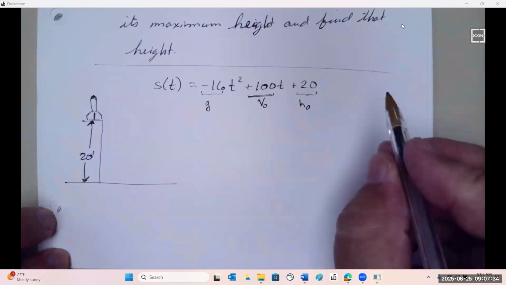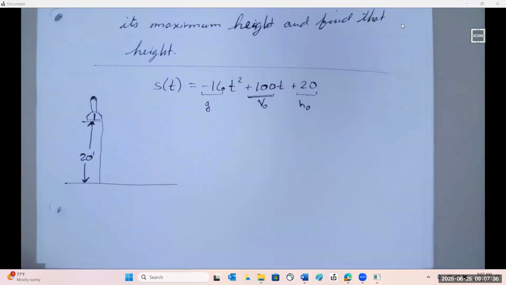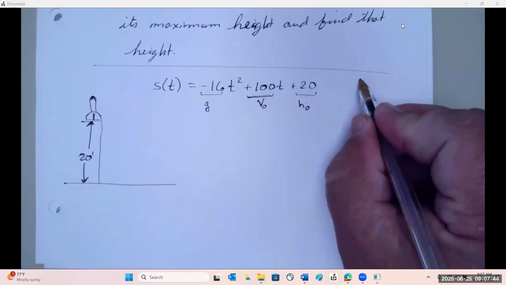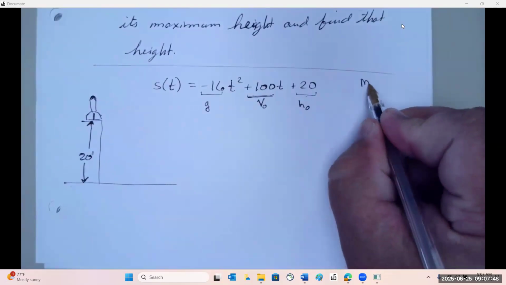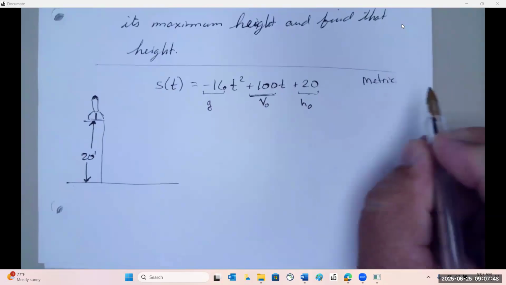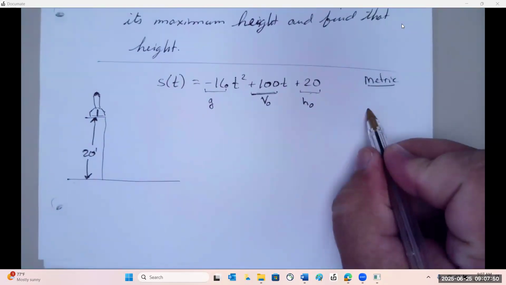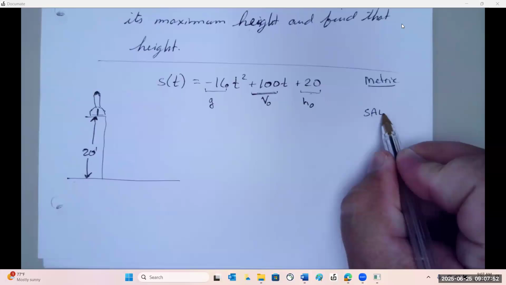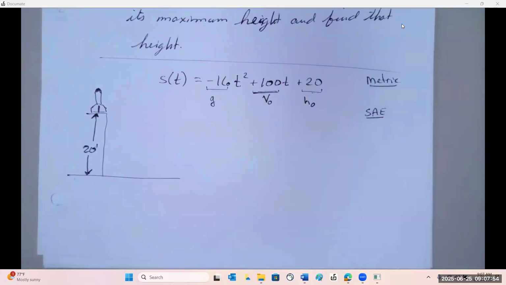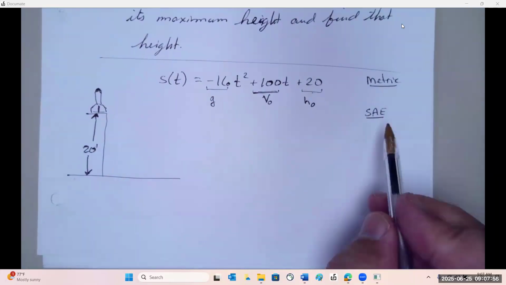So gravity. Now, gravity is given to you in two ways, depending on which unit of measurement you're using. We have metric and SAE, which is mostly us.